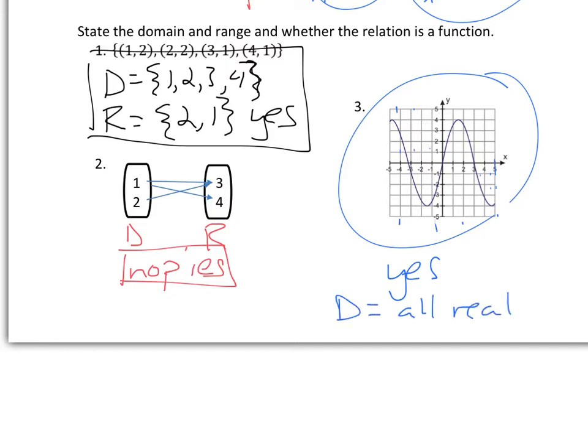So the x's, when you're spanning this, it looks like it's never going to stop. But the range does look like there are bounds, because you're going up to 4 and down to negative 4. So it pretty much looks like negative 4 is less than or equal to y, which is less than or equal to 4. So y can be anywhere between negative 4 and 4. That's what it looks like.